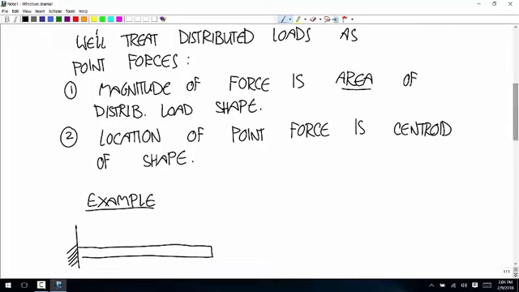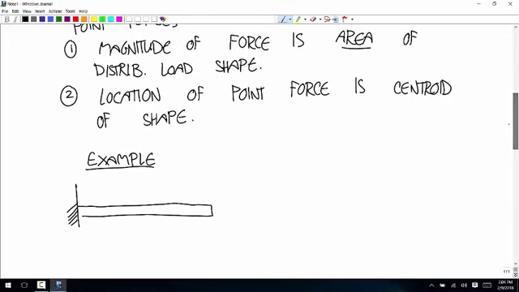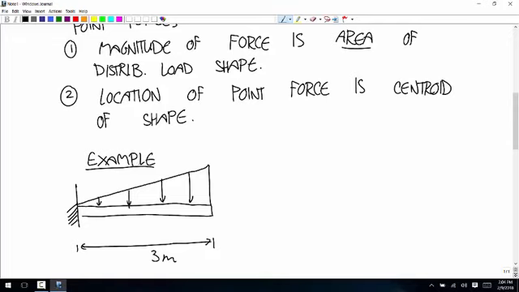Okay, so this has a length of 3 meters. And the distributed load is 10,000 newtons per meter at the right end, 0 at the left end, and it's linear in between. And we want to calculate the reaction loads at the wall.